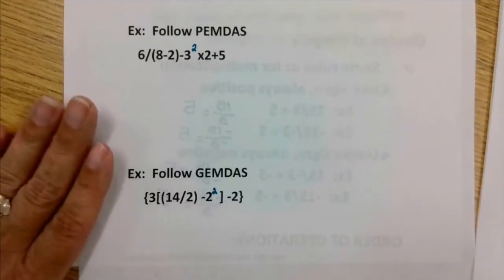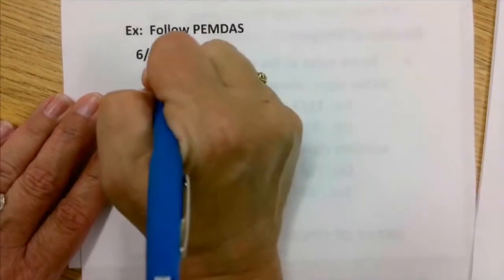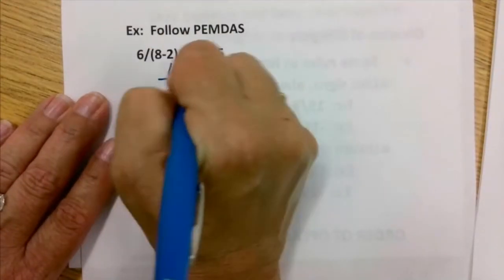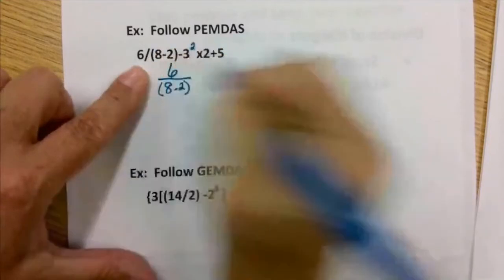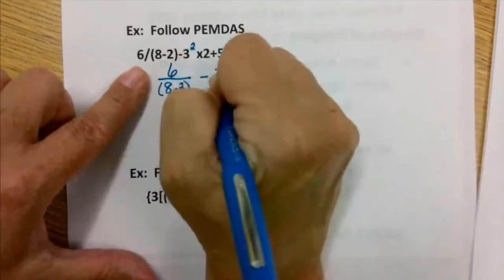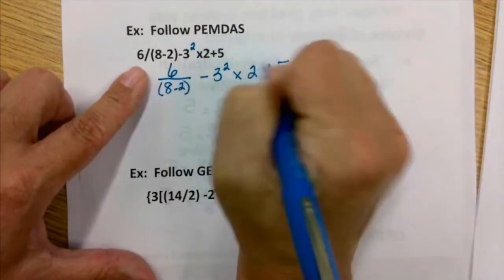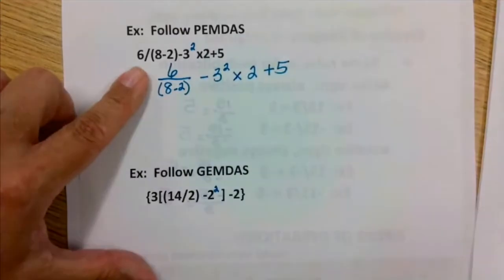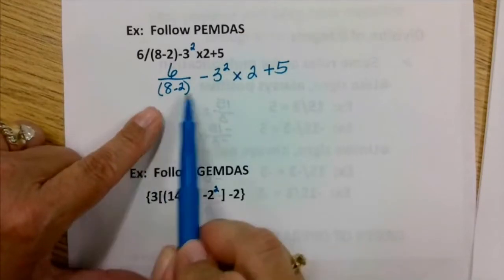Now, when I work it out, I'm going to write it out as a fraction this way. So 6 divided by, we have 8 minus 2 in parentheses, minus 3 to the second power times 2 plus 5. Now, all I did was rewrite the problem. The first step when we're doing an order of operations is the P, which is parentheses.